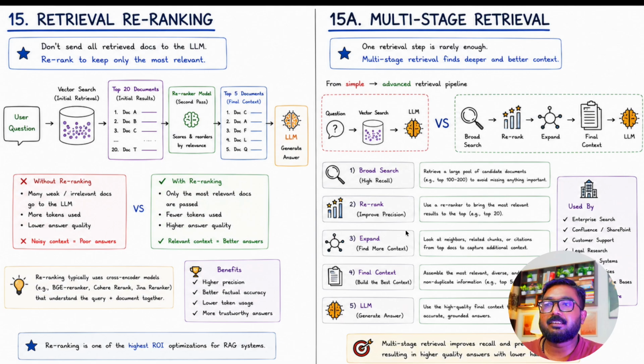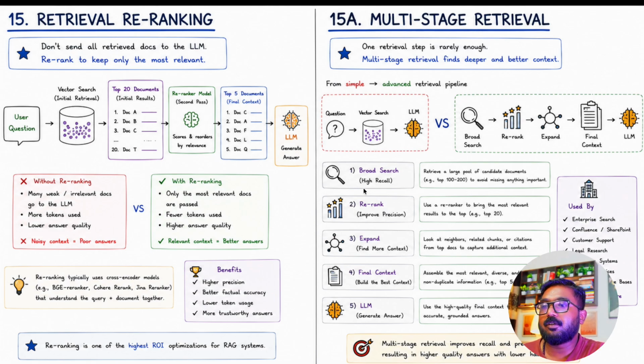Then 15A is multi-stage retrieval. The ranking pattern, the search pattern, and the semantic pattern that we talked about, you can combine all of them together and build a multi-stage retrieval. Let's say you do keyword search, embedding search, and then re-ranking, and then return to the customer.